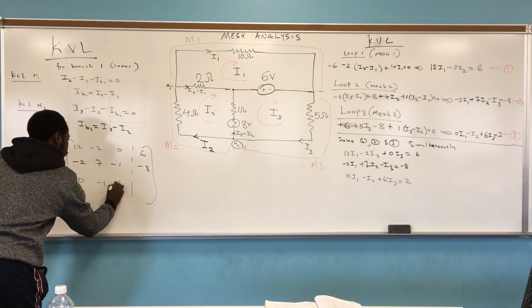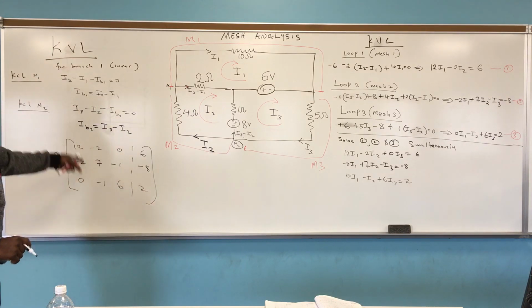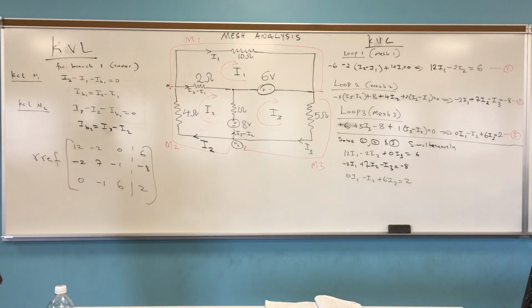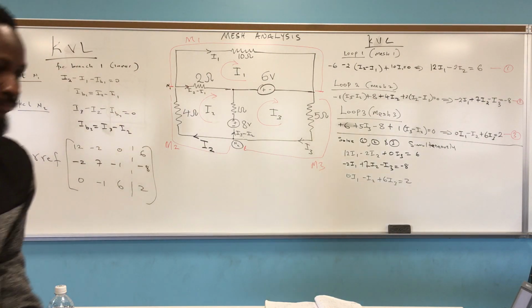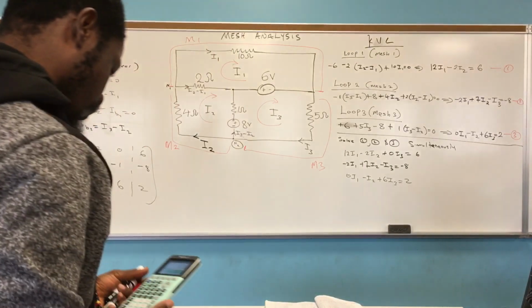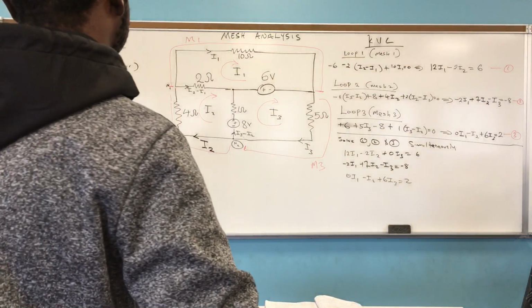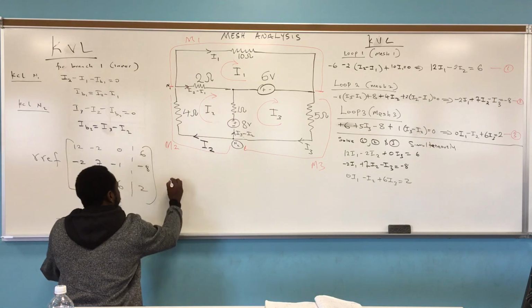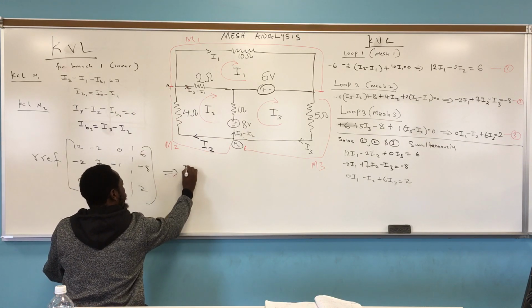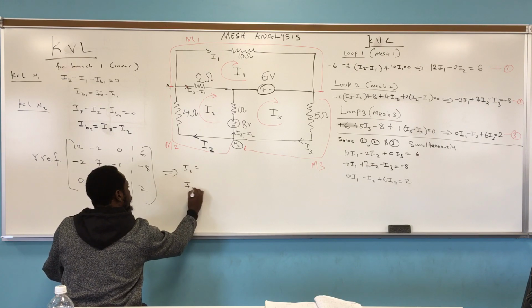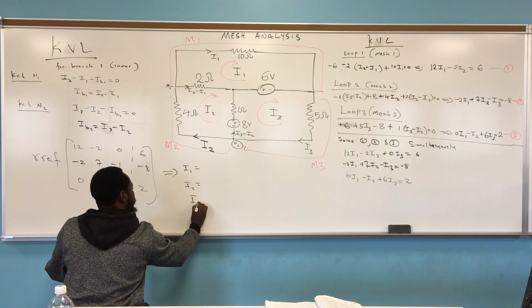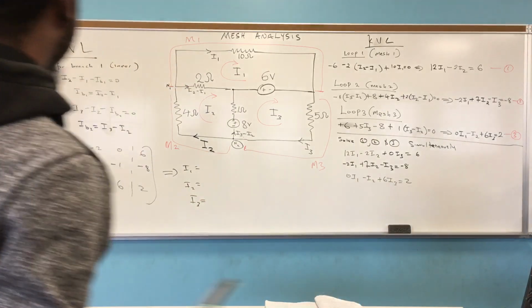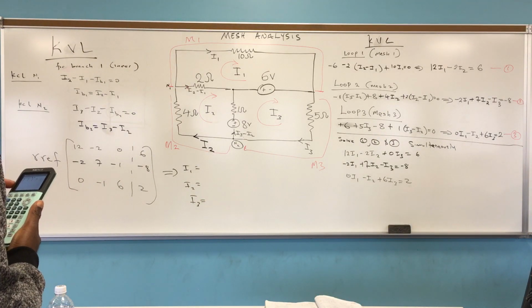When you reduce it to reduced row echelon form, we get our I1, I2, and I3. Let's see that we didn't enter anything wrongly.